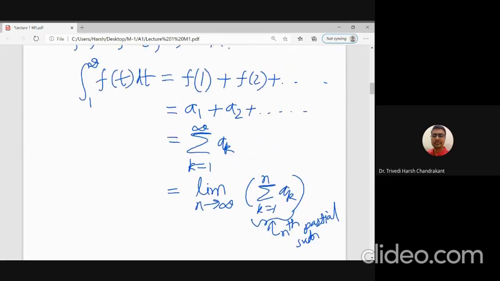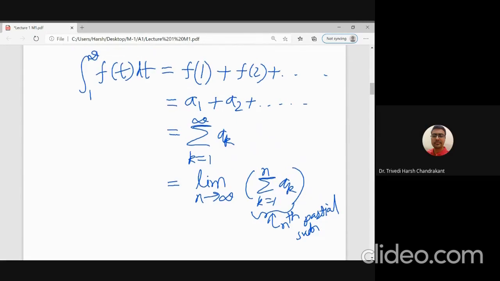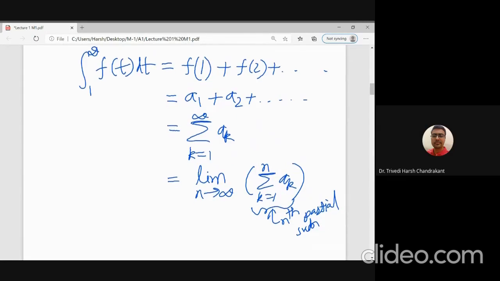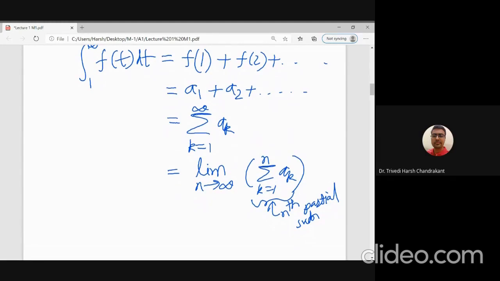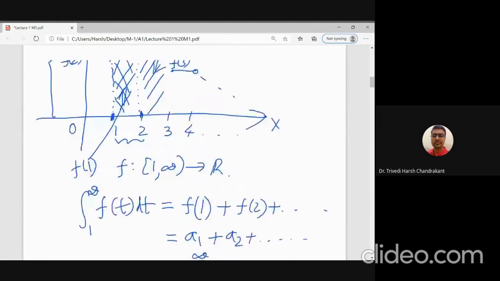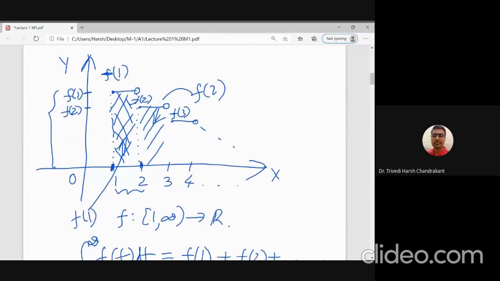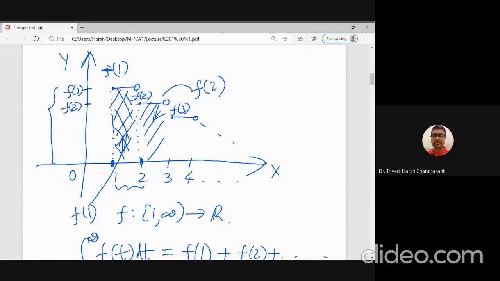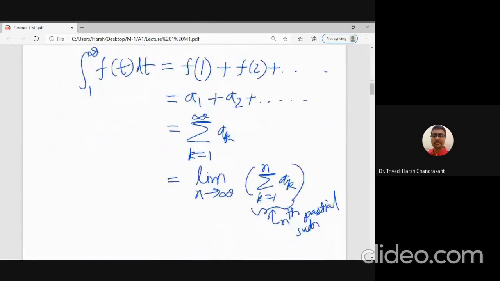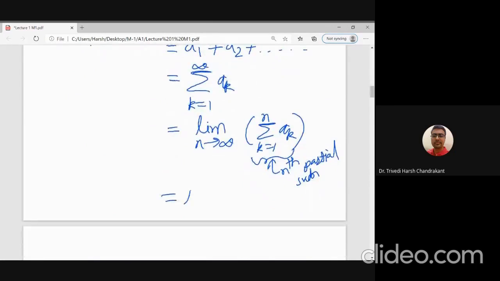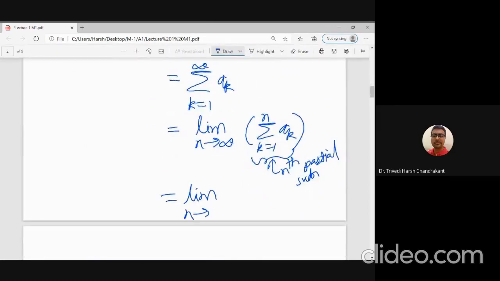This is the sum of the first n numbers, a1 plus a2 plus up to an, that is f1 plus f2 up to f of n, and that will be nothing but the area of the function on the closed interval 1 to n. So this is nothing but the limit as n tends to infinity of the integral from 1 to n of f(t) dt.